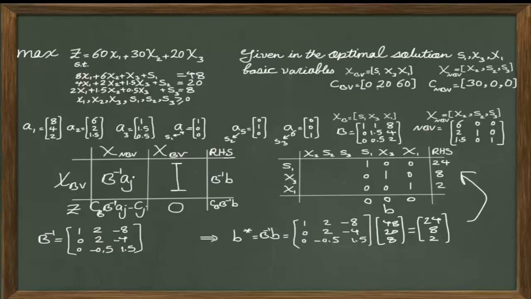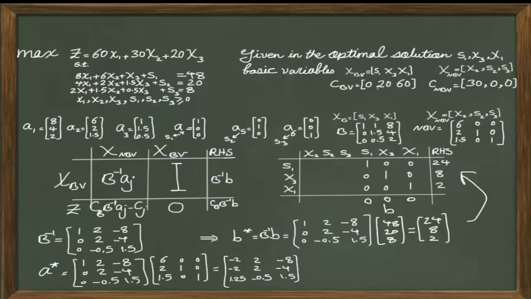One way is to calculate the B inverse AJ for every single AJ that we have. Another way is to put all these AJs in one matrix, which we already saw, NBV, and do this operation once for all. So that's what I did.